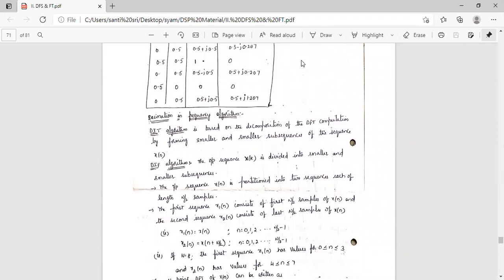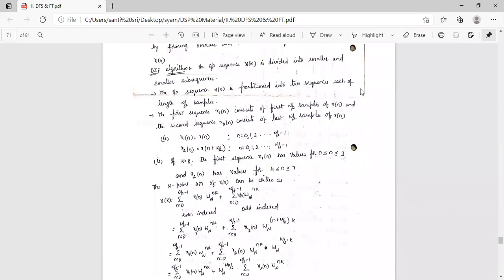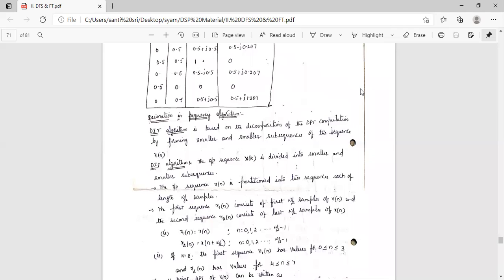This is about decimation in time FFT. Next one is the decimation in frequency algorithm. We will continue this in the next class.